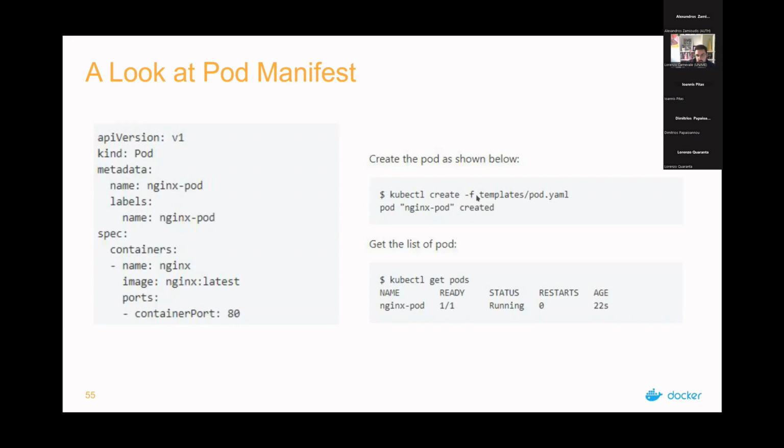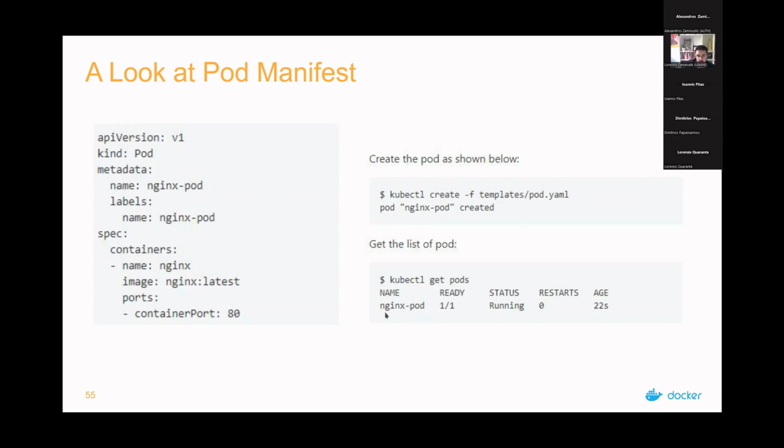Then for creating the pod, we do it as it is written here. So kubectl create, and then we specify the template of this specific pod, so this file, and then we see a message that the nginx pod, which is the name of this pod, is created. And then with kubectl get pods, we can see the status of the pods running in the machine.